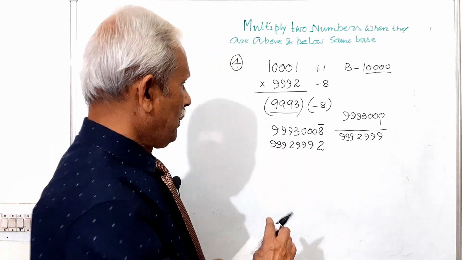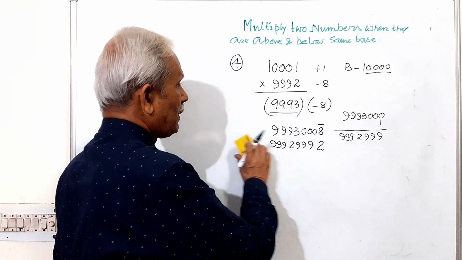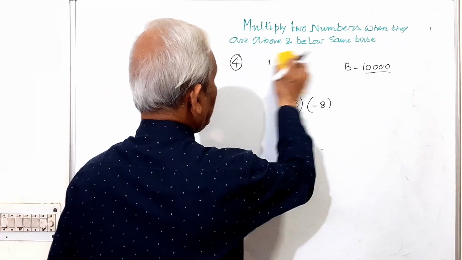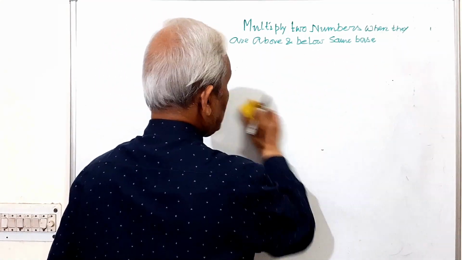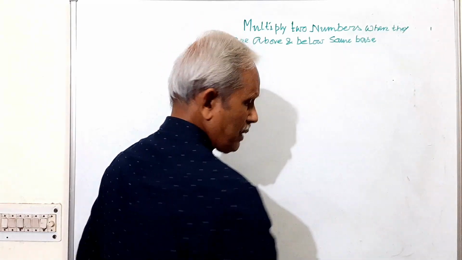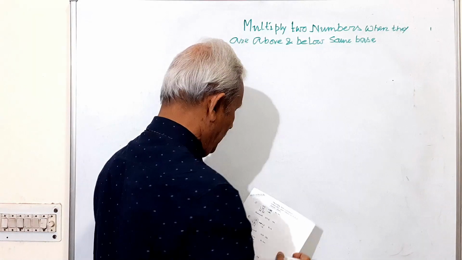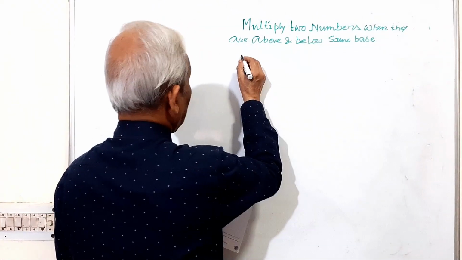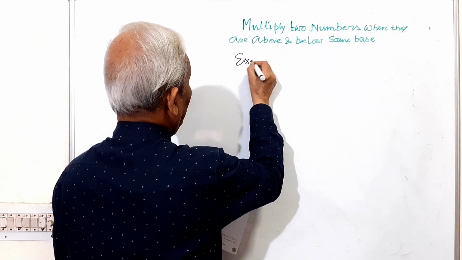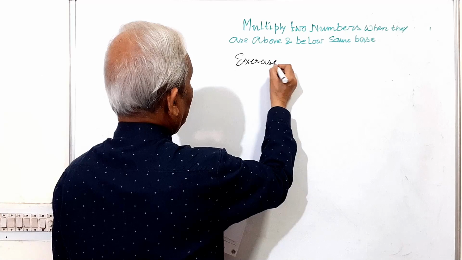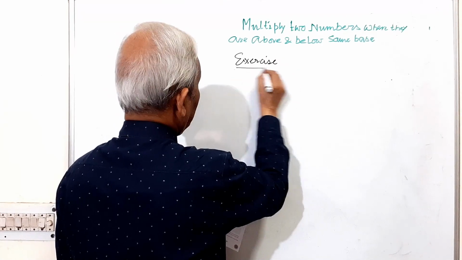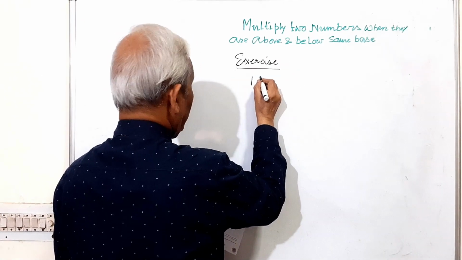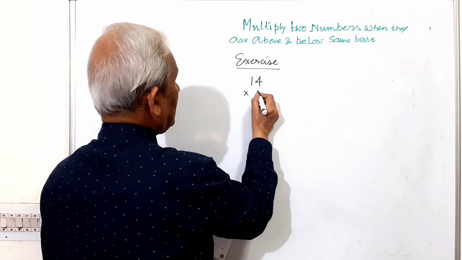Since you've understood it, let me give you some exercises which you can practice yourself. You can see the videos and practice yourself so that you can clear all your problems, or if you have any difficulty. Exercise. Question number 1, 14 into 6.